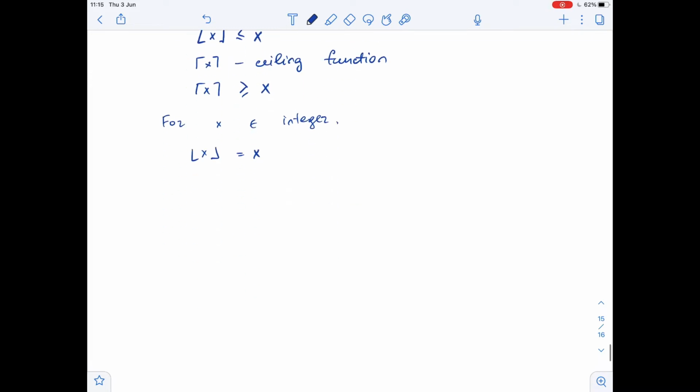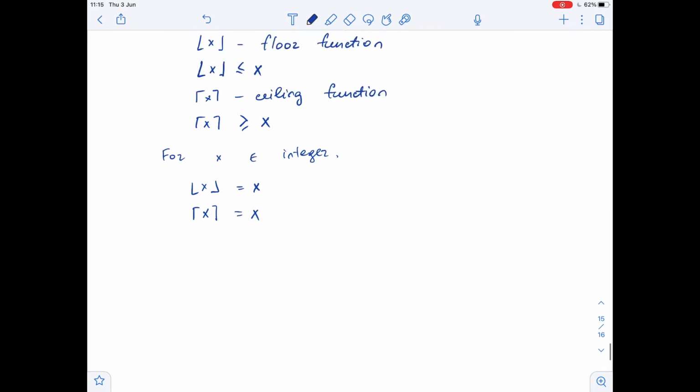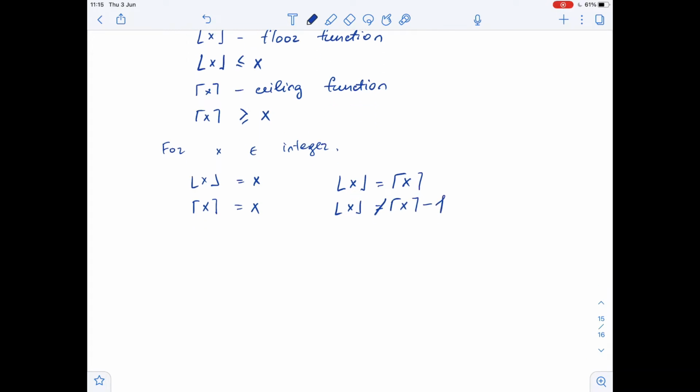Similarly, ceiling function of x is also equal to x because x is the smallest integer greater than or equal to x. Well, in that case, our initial expression won't be true, because floor function of x is equal to ceiling function of x in the scenario where x is an integer. So that means that floor function of x is not equal to ceiling function of x minus 1. Well, so we know that x is not an integer.